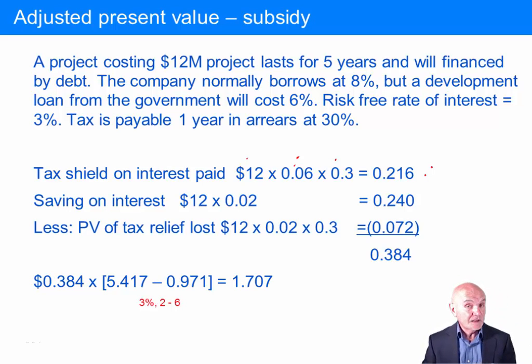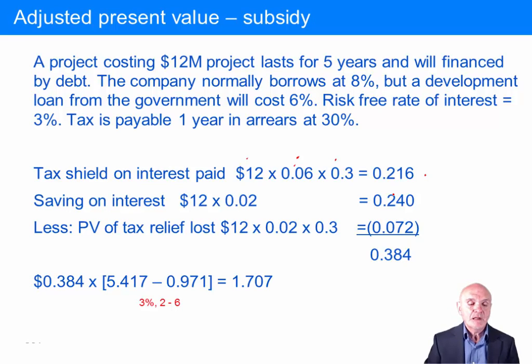Starting, we haven't discounted yet, but really starting in year 2, there's going to be a saving on the interest. The government is chipping in 2%. So we have 12 million, which is 2% cheaper, and that's worth 0.24 per annum.